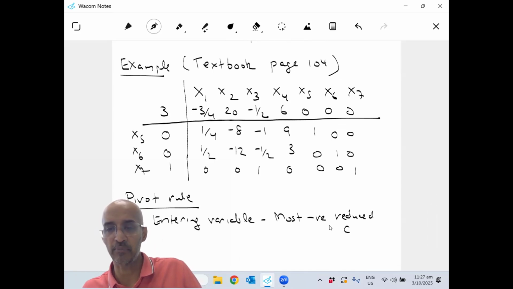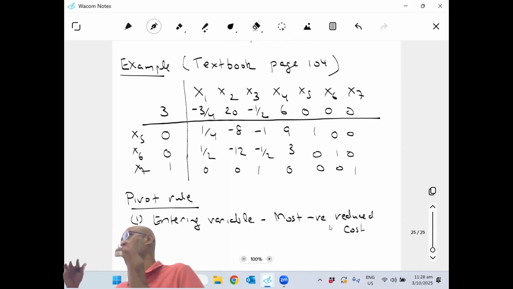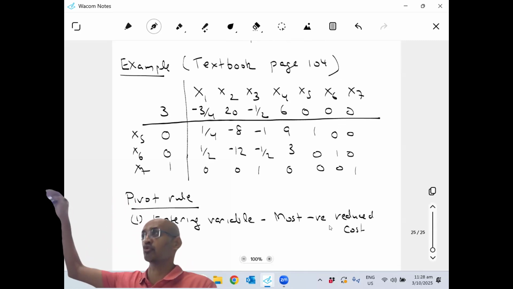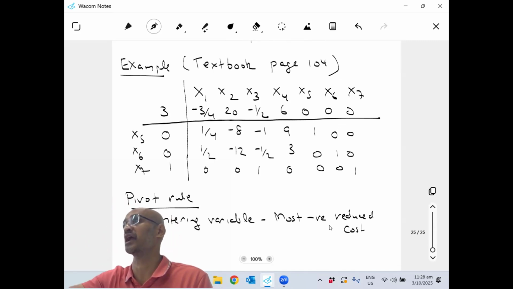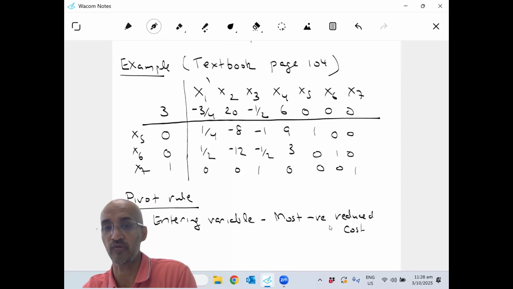In this example, I've got two reduced costs which are negative. The most negative among these two is minus 3/4. So when I code my simplex, I compute the reduced costs, and whichever is most negative will enter my basis. In this case, x1 will enter the basis.